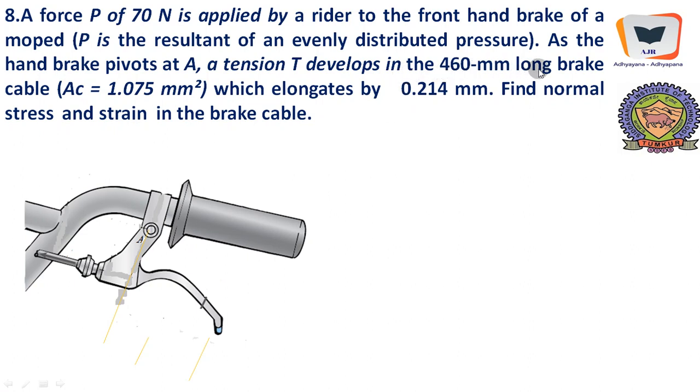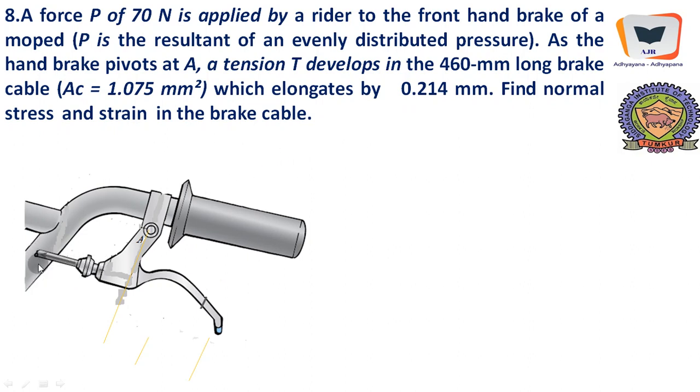The 460 mm long brake cable, the length of this cable being 460 mm, and area of cross section being 1.075 mm square, elongates by 0.214 mm. Find the normal stress and strain in the brake cable.